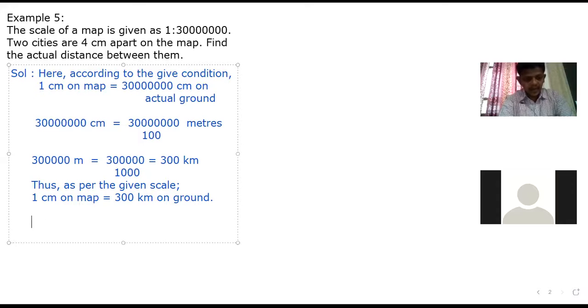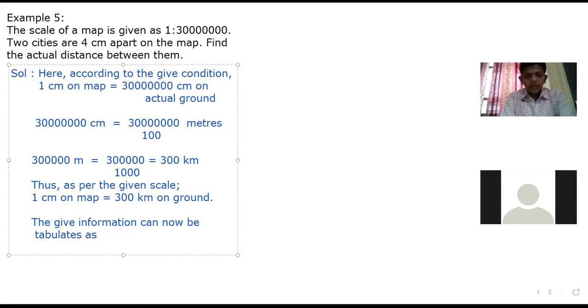The given information can now be tabulated as. How are you going to prepare the table? Distance on map in centimeters, and actual distance in kilometers. Correct. Very good.